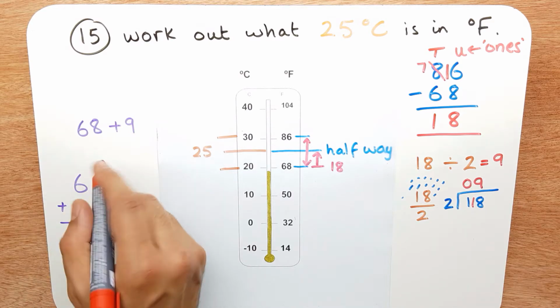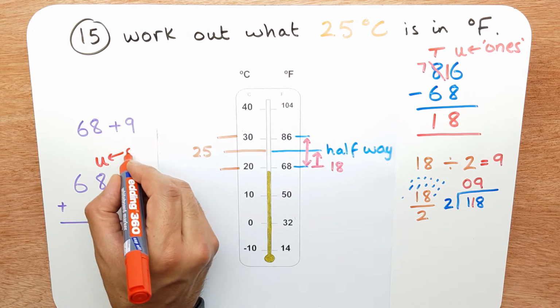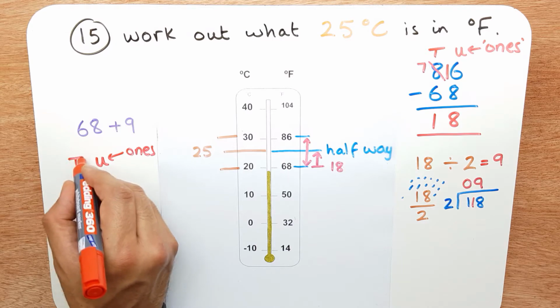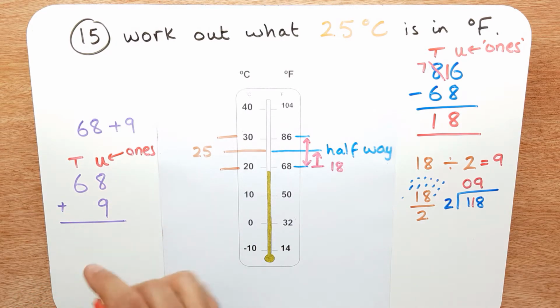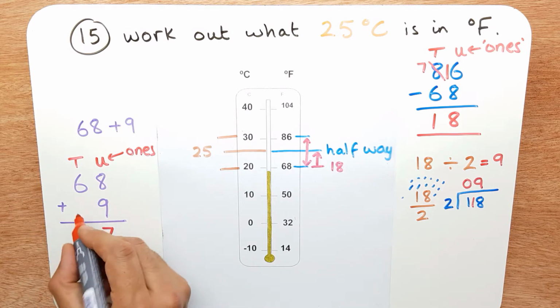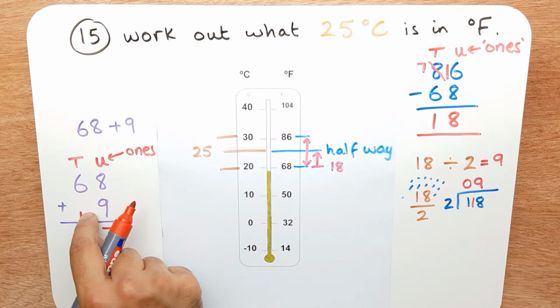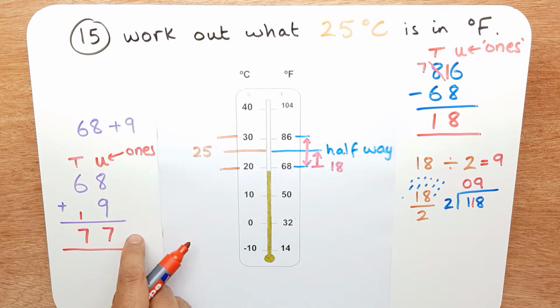So this is the units column, or the ones column, and this is the tens column. 8 add 9 is 17. Put the 7 down. Carry the 1 over to the next column. So now we have 6 add 1, which is 7. So our answer is 77 degrees Fahrenheit.